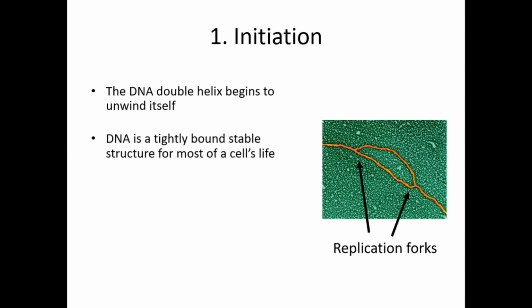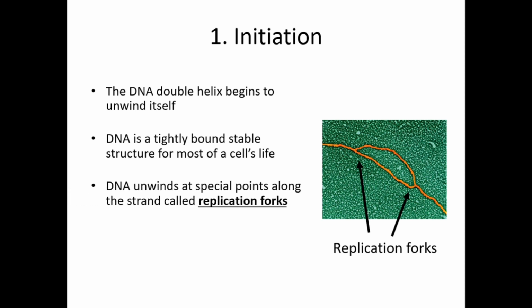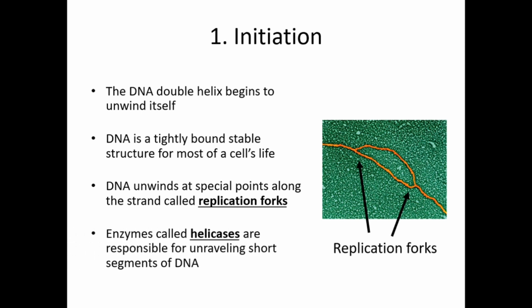DNA is a tightly bound, stable structure for most of the cell's life. However, in replication, it is unzipped. DNA unwinds at special points along the strands, and these special points are called replication forks. Enzymes called helicases are involved in the unzipping of the DNA molecules from each other.